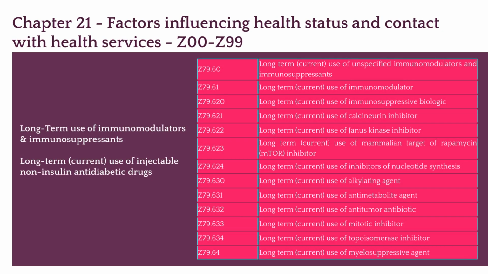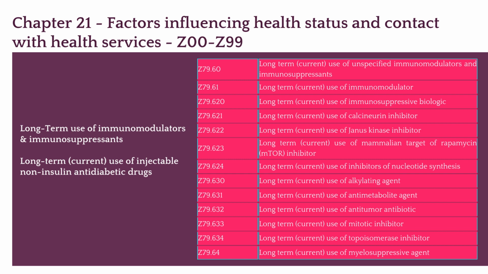Apart from these social determinants of health codes, Z codes for long term use of immunomodulators and immunosuppressants have been introduced. Category Z79 now has codes that identify long term current use of immunomodulators and biologic immunosuppressive drugs.